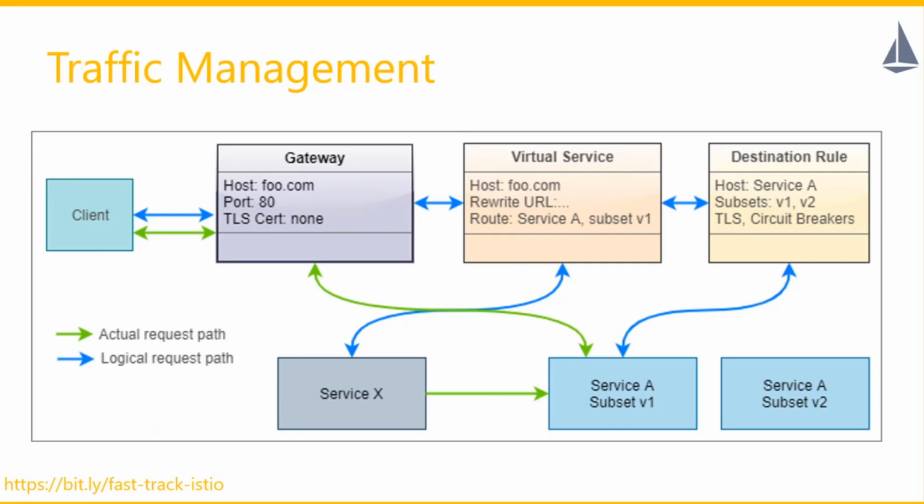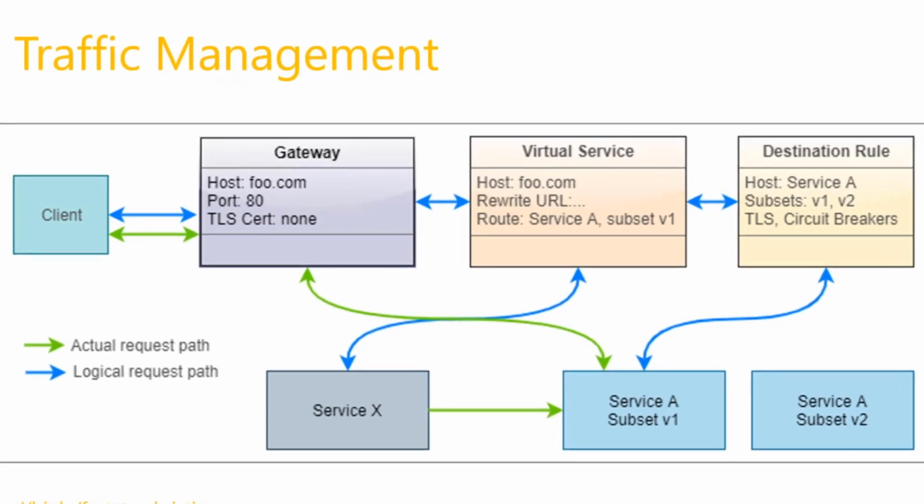For instance, a client wants to talk to, let's say, service A, and it's available on hostname foo.com. Let's first discuss how a request would logically flow into the system, what all networking APIs it will meet on its way, and how it will ultimately reach service A. Starting from the very left, we have the client.